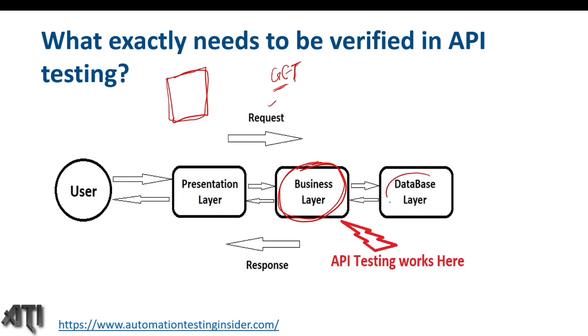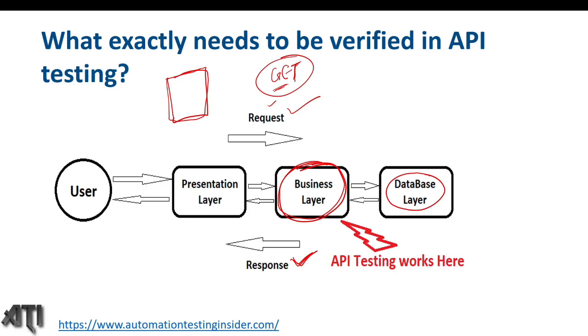Now from the server, from the database, we'll get the response. When we send the request, we get the response and the results. So this is the GET HTTP method, and this is how we perform API testing. This part we cannot see; we are just sending the request and getting the response.